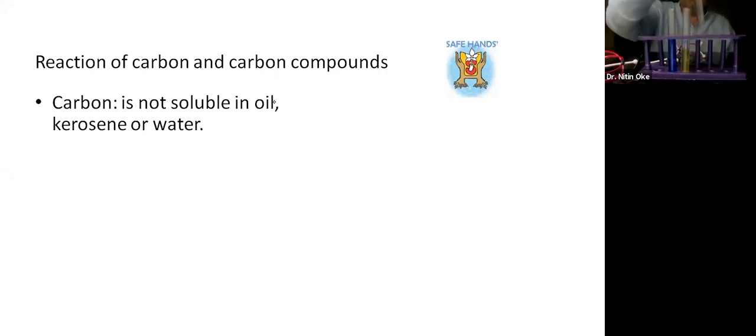So obviously I'm having water in this. This is obviously edible oil, and this is kerosene.